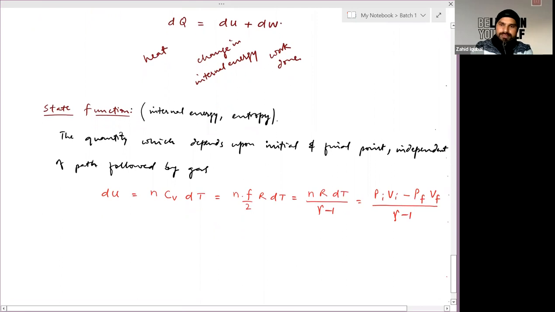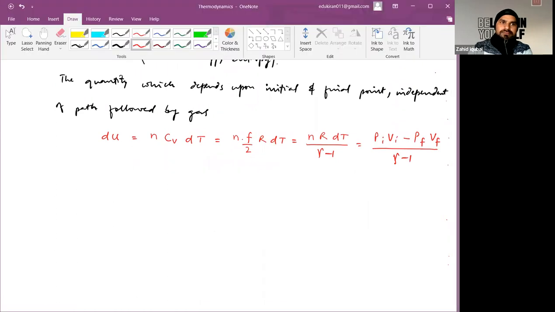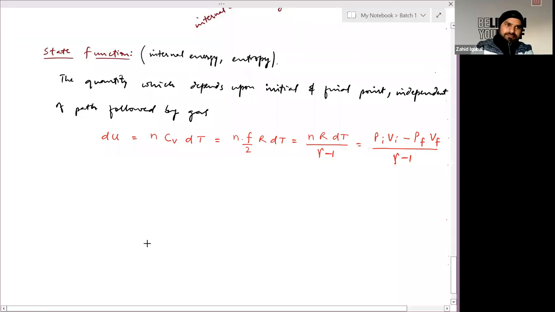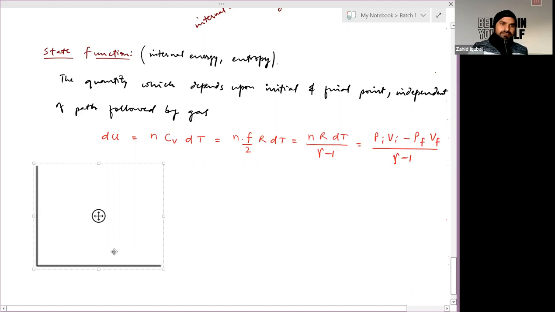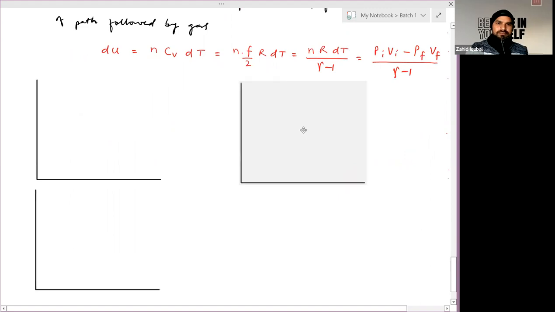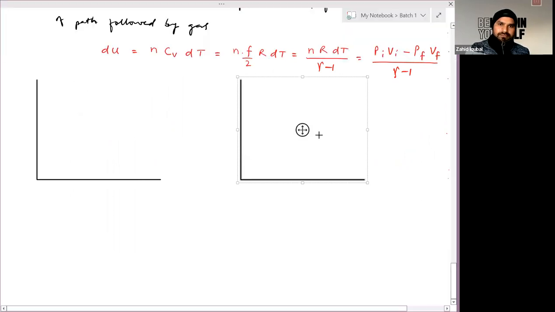Now, according to process, this is pressure versus volume.